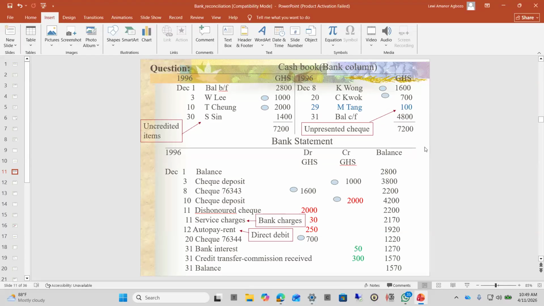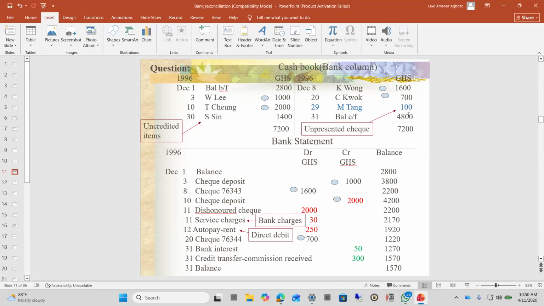Okay. So this is what happens in practice. You see, the cash book remains as it is. But at the end of the period, when you want to reconcile the cash book balance to the bank statement, you notice that you had already deducted this 100 from your cash balance before you got the 48.